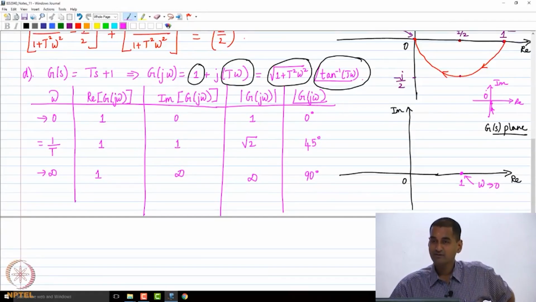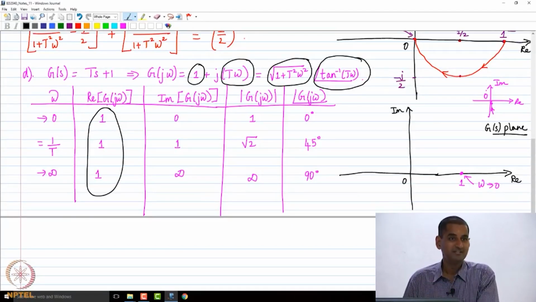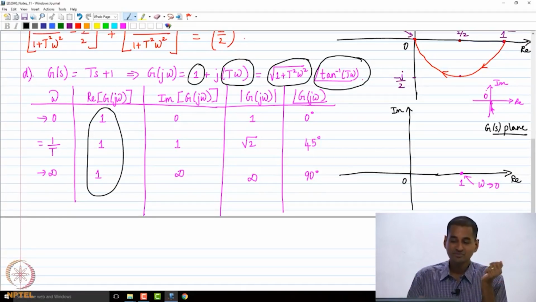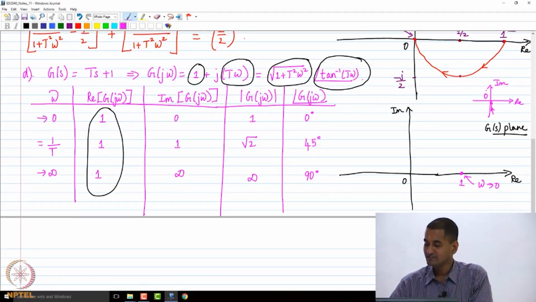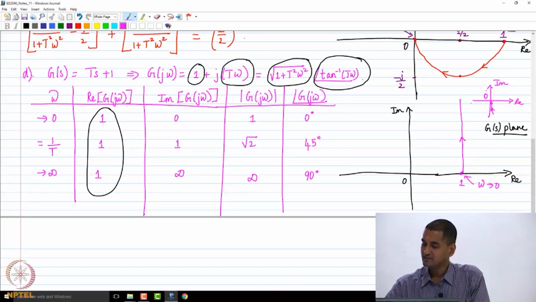You could readily observe that. And the imaginary part is always non-negative. So what can we immediately say about this curve? This is going to be a vertical line, starting at 1, 0 and then just going up, which is parallel to the imaginary axis.